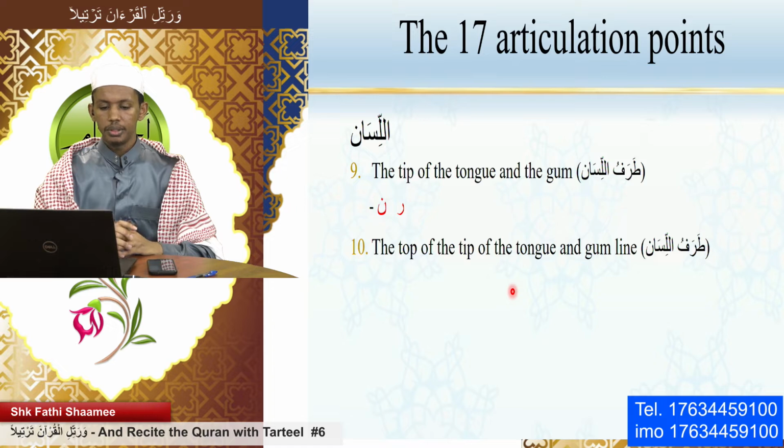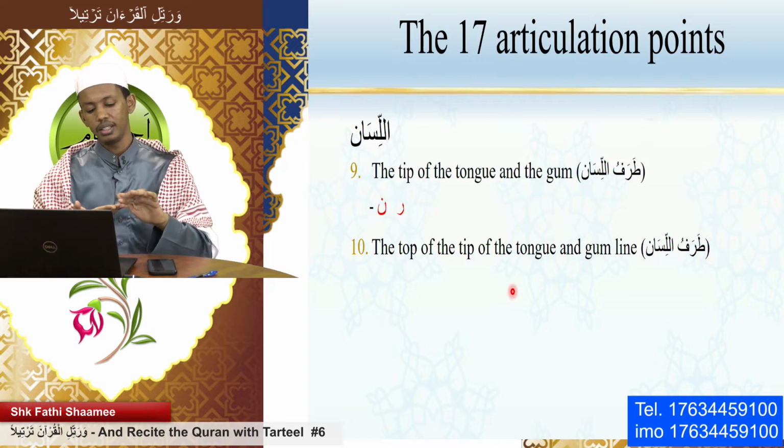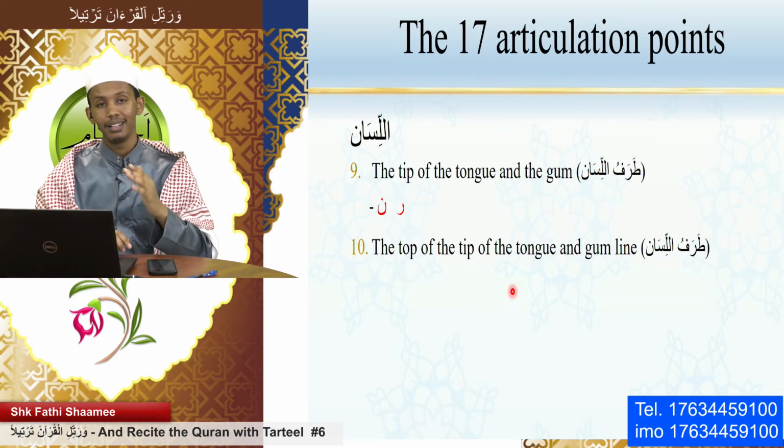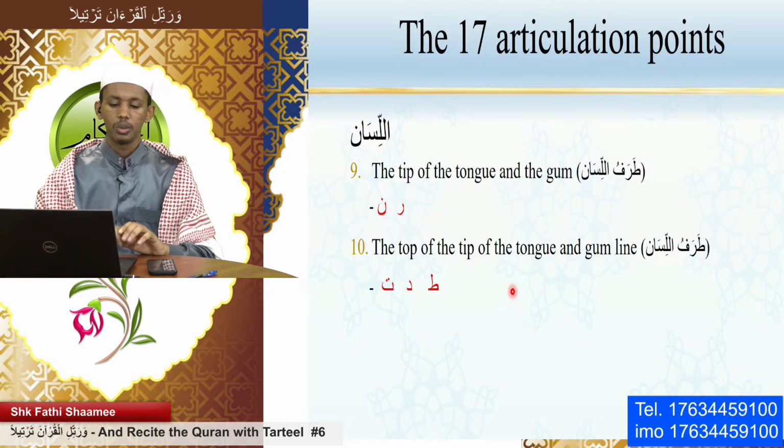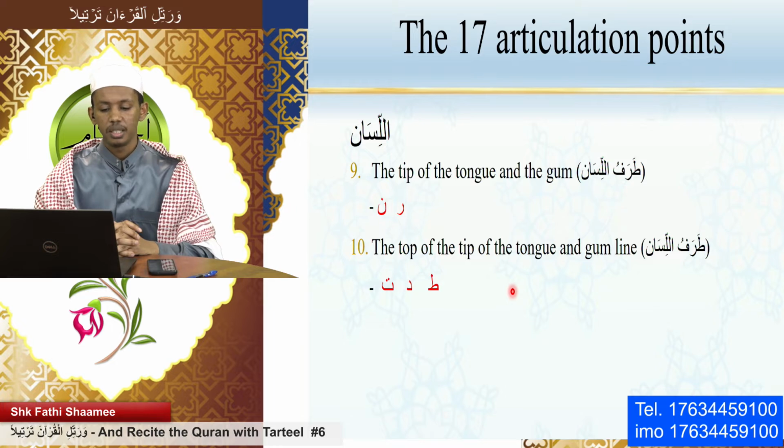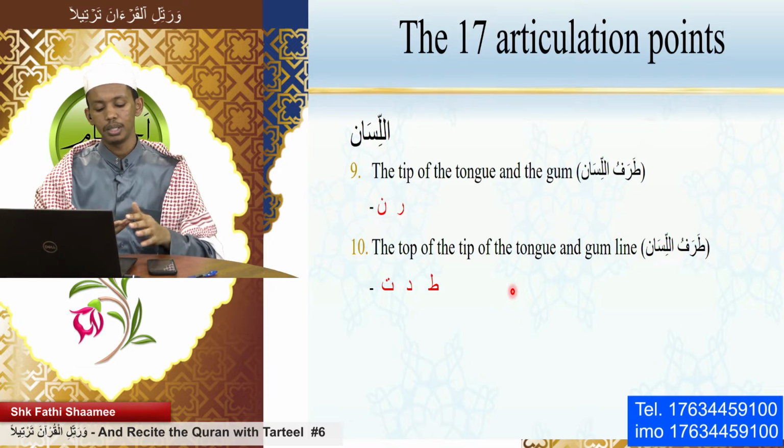And then number 10 is the top of the tip of the tongue. So you have the tip of the tongue and then the top of it, and the gum line is where the letters ta, dal, and ta are articulated from. So when I say at, ad, or at, these 3 letters are from the top of the tip.